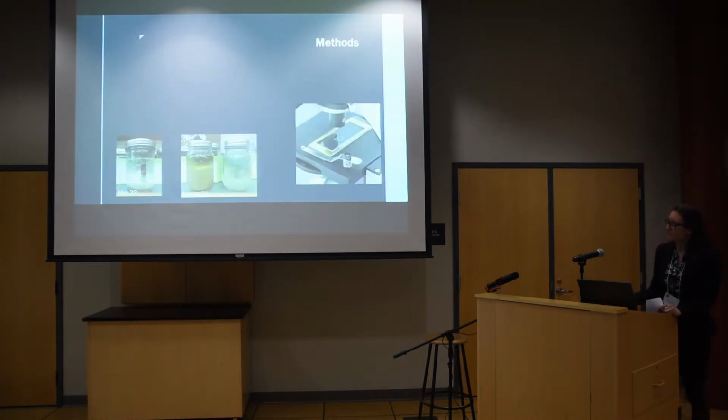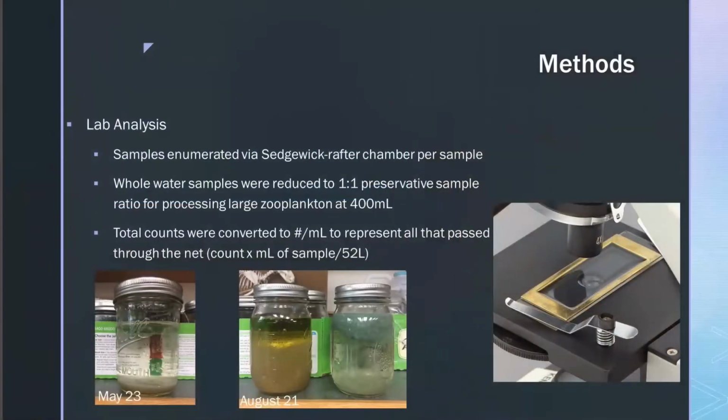So in the lab, these are some of our samples from this year, and I'll get into the differences in colors and such. Each sample was enumerated via a Sedgwick Rafter chamber, using a 1 milliliter sample of each of the 9 samples that were taken per week. They were reduced once all the samples were counted and accounted for, using a plankton splitter, one of those things where you turn it and it splits into two.